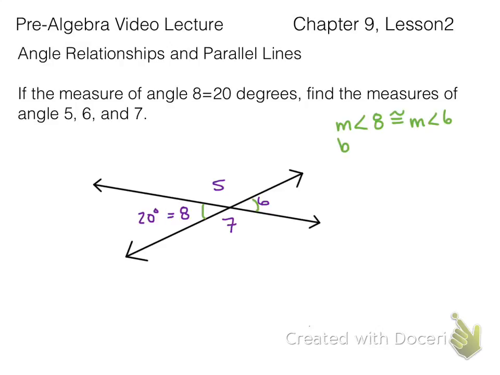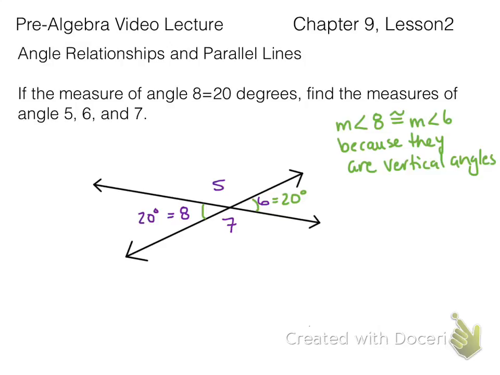Because angle 8 and angle 6 are vertical angles, they are congruent. So the measure of angle 8 is equal to the measure of angle 6, which means the measure of angle 6 is 20 degrees, because they're vertical angles, across from each other.